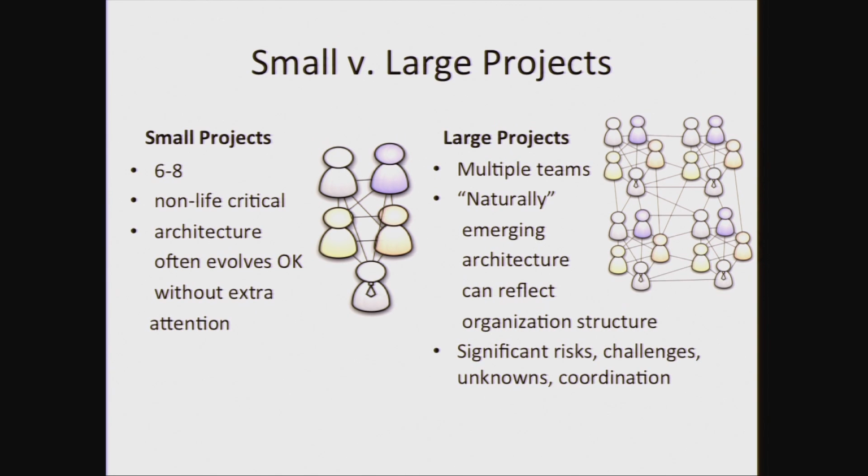We're divided into teams. Functional teams, maybe even technology area teams. And what I have found is that naturally emerging architecture can reflect the organization structure. So the group here in California is doing this, and it's communicating with something designed by the group in Atlanta, and they're working on that. And so things get geographically distributed, whether that's a good architecture or not. That may or may not be a good thing, right?